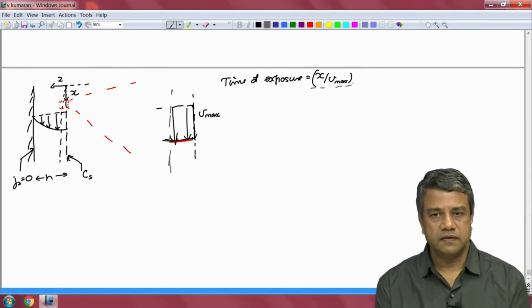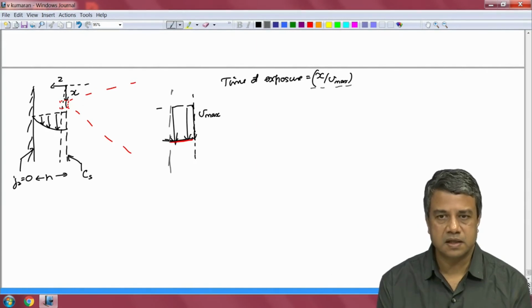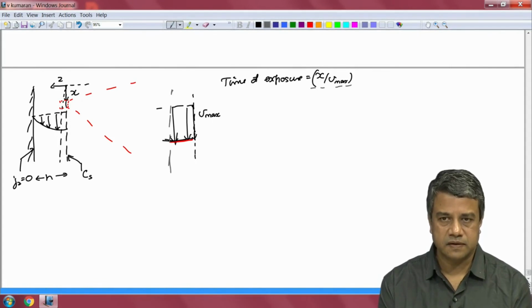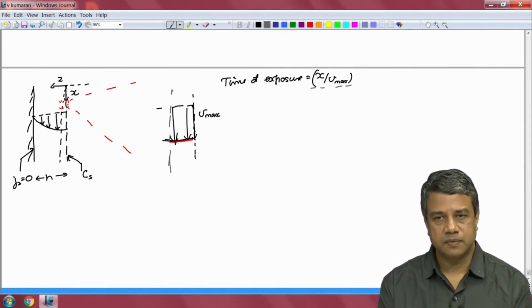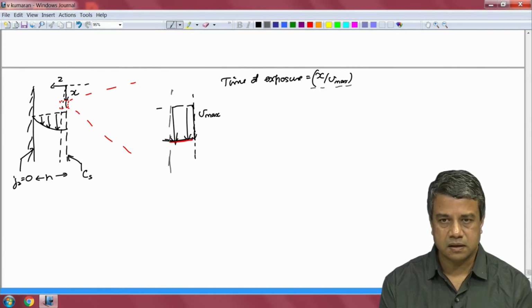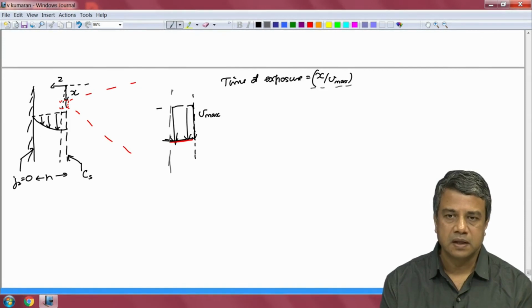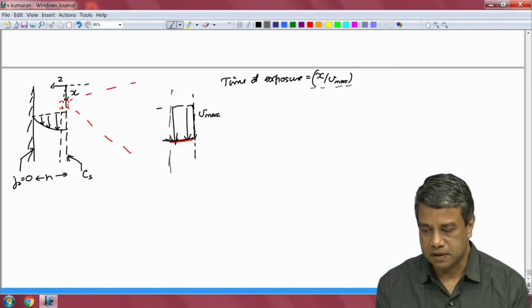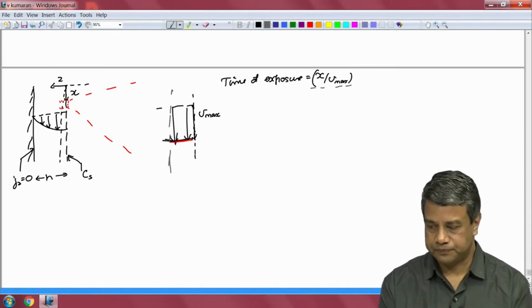If the penetration depth of the solute into the film is much smaller than the thickness of the film, then the film effectively appears to be an infinite medium, and therefore, this is effectively equivalent to the diffusion into an infinite film for a finite time t, which is given by the exposure time.